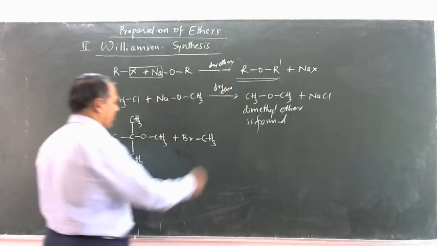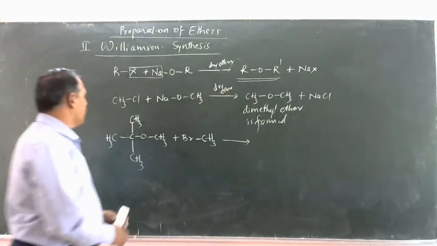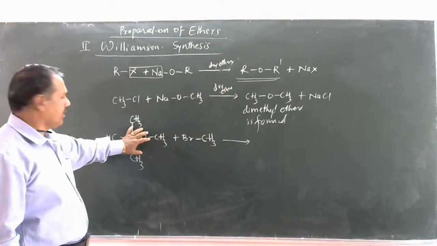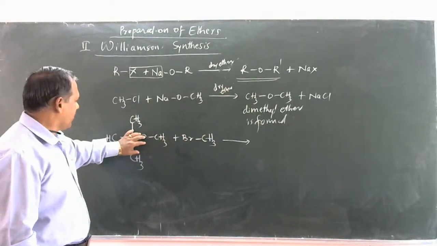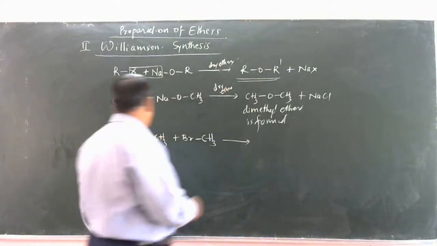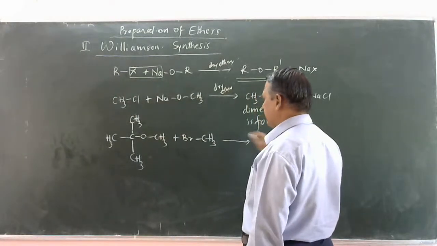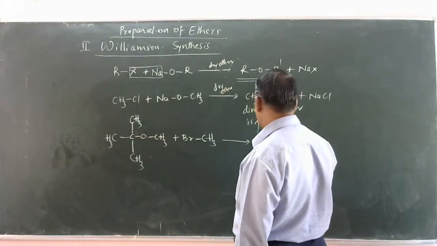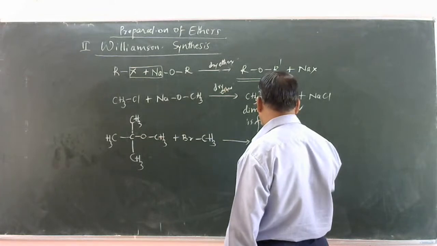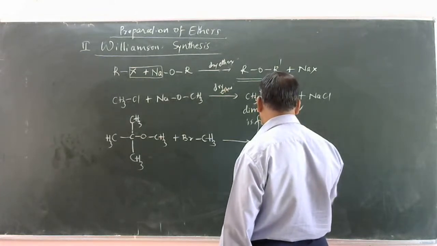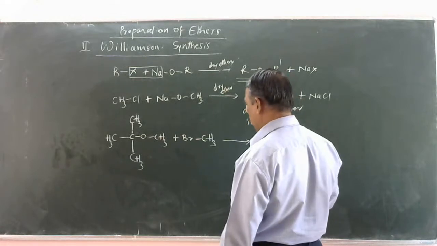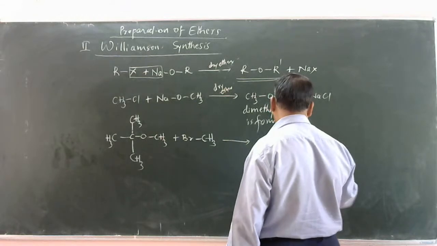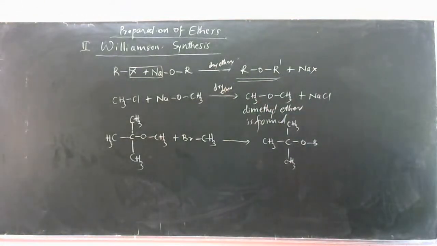Here we have an alkyl halide and a tertiary butyl alkoxide, and we will get CH3 attached to this, with CH3, CH3 and OCH3 obtained.